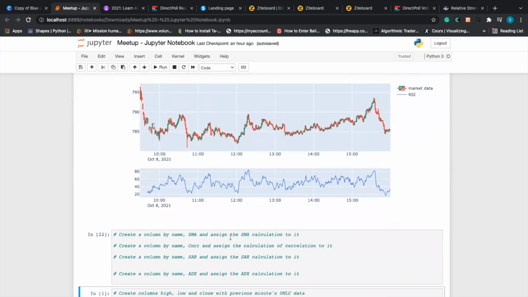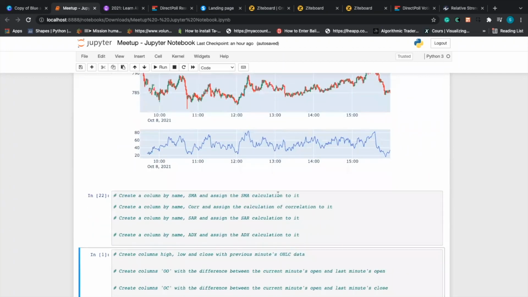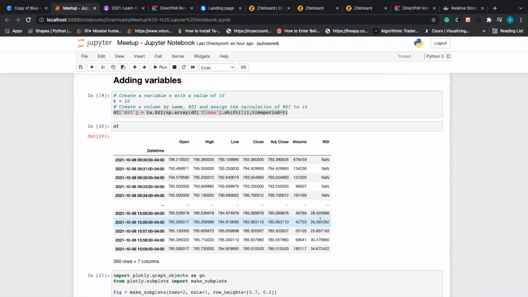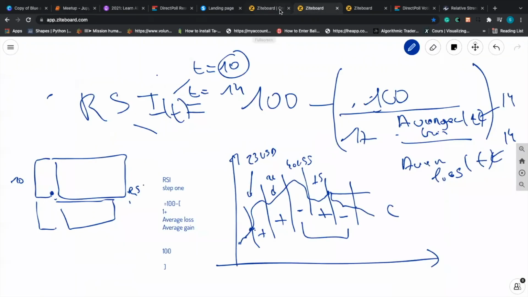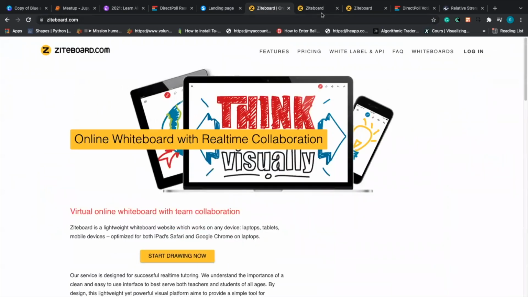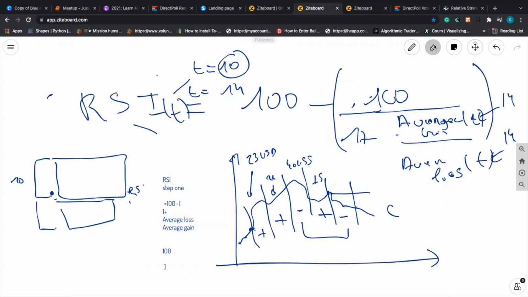Okay, now that we got the RSI, we are going to add different trading indicators, and this RSI is just a new piece of information that we give to the robot. Essentially, the robot or the automation is nothing more than a mathematical equation. You give it information through variables.